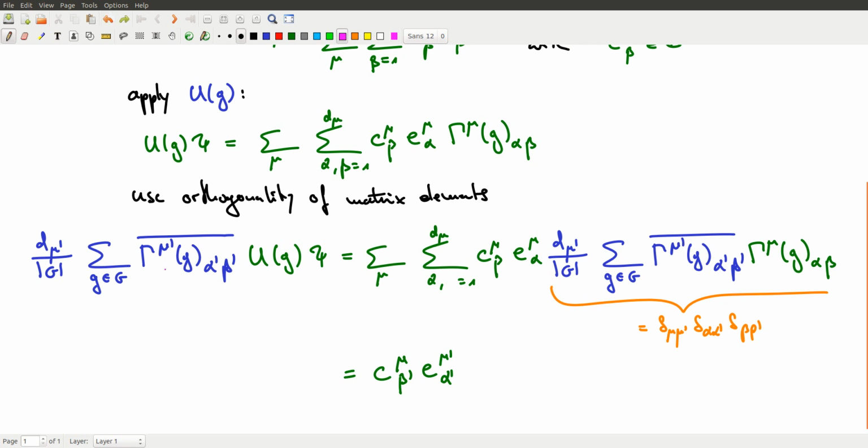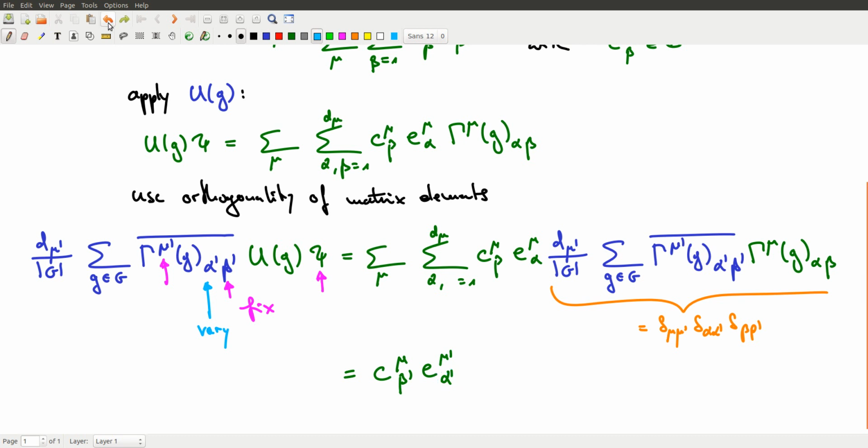Okay, now we have this is equal to this, and let's fix the mu prime, let's fix the beta prime, and let's fix the psi. And let's vary the alpha prime. So only this one here is what we vary, the others are fixed.